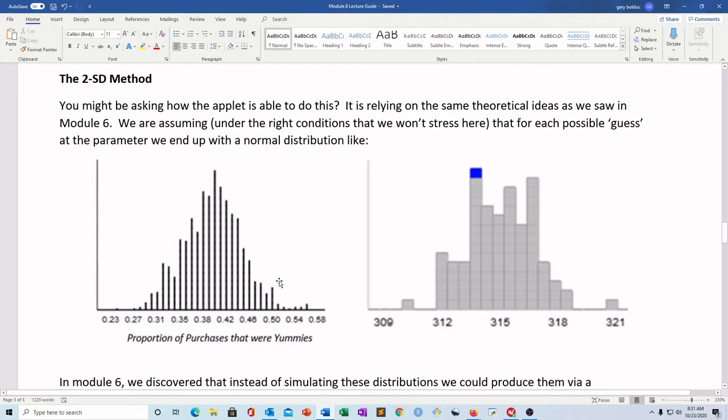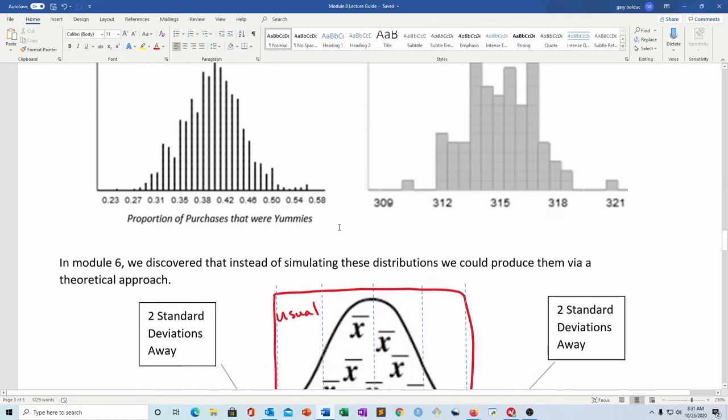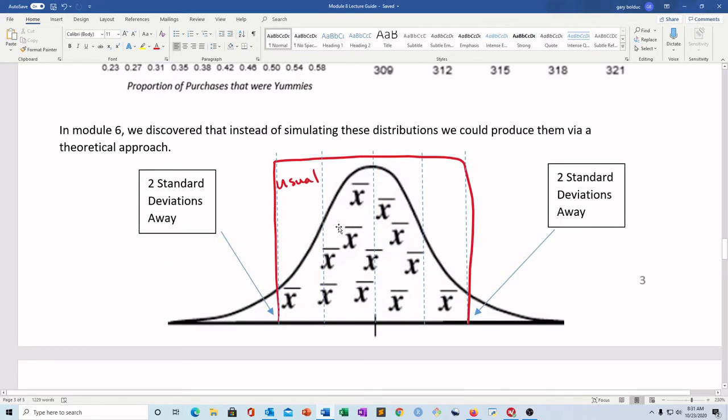The idea behind this is given by this picture here. This picture should be something you're familiar with from Module 6, right? Remember, our simulations all seem to look like this picture.